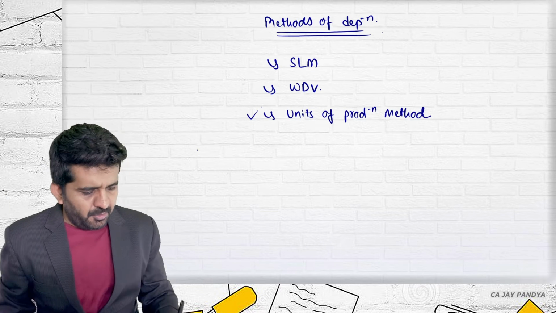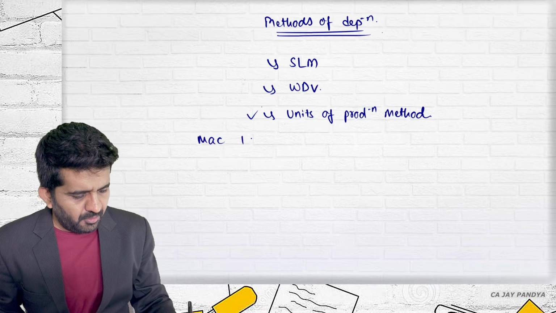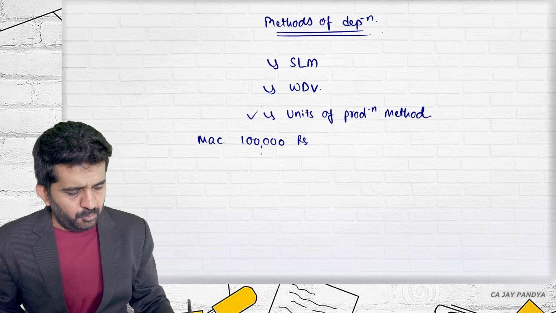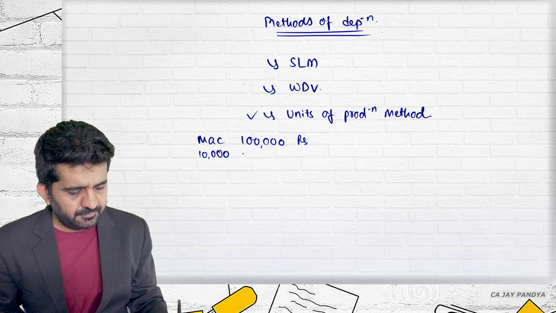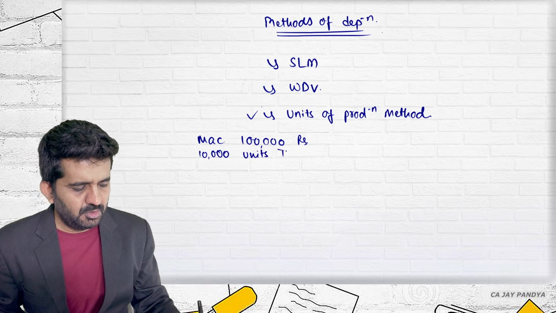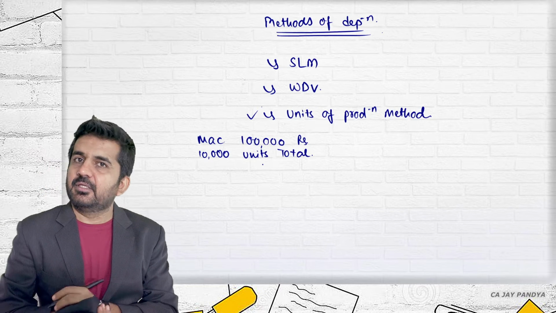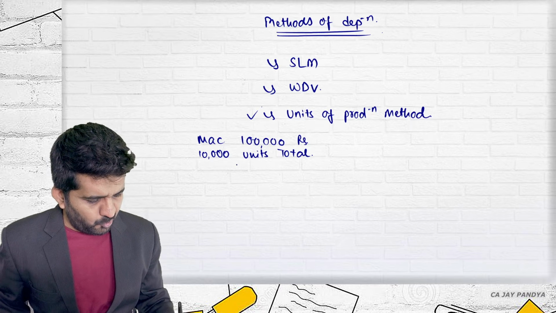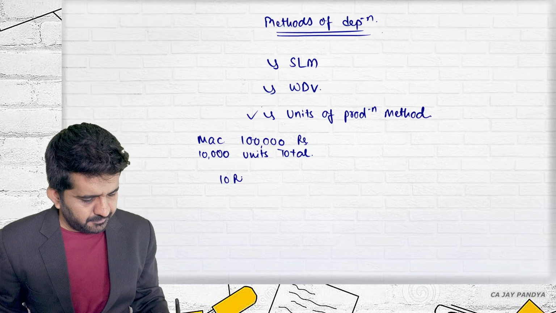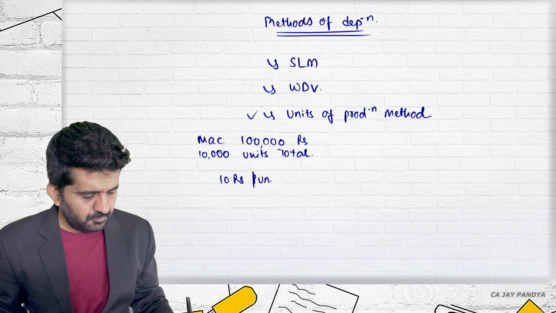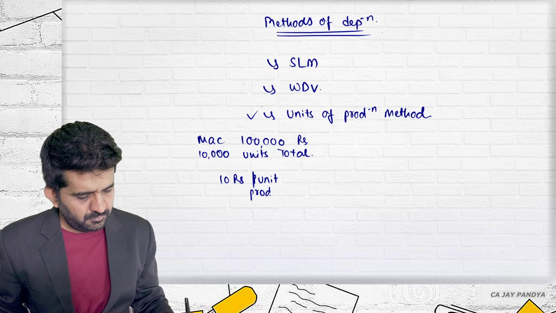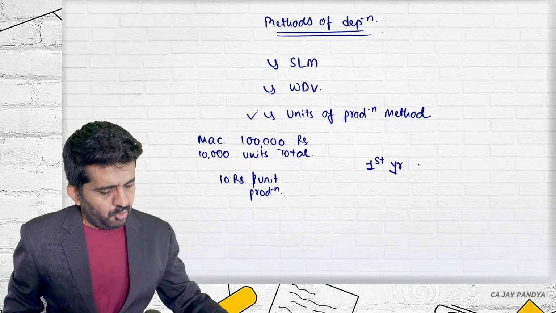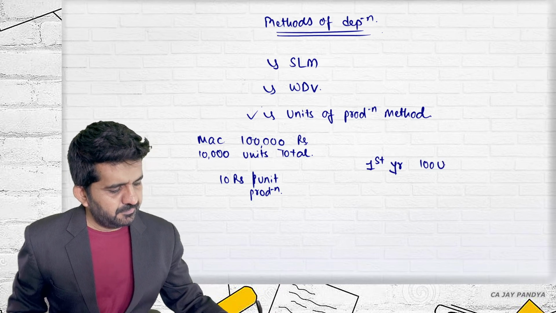All right. Say a machinery of 1 lakh rupees can produce 10,000 units in total. So this is its total capacity. So what is the per unit cost? It is nothing but 10 rupees. In the first year, you have manufactured only 100 units.